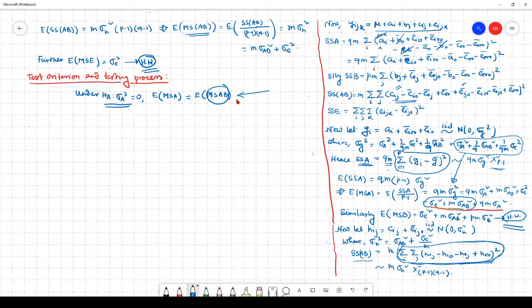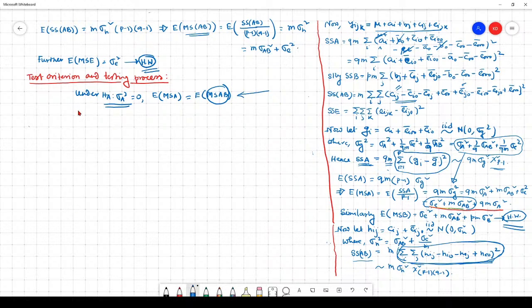For fixed effect model, MSA is always the valid error, but for random effect model, for testing HA, the valid error is MSAB, but for fixed effect model, it is always MSE.